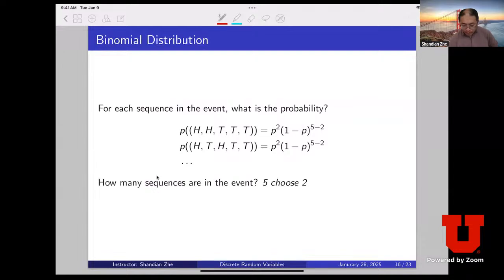So the first question is, for any of those sequences inside the event, what's the probability of one sequence? Say, this is one example of the sequence: I got heads in the first and second trial and tails in all the remaining trials, right? So what's the probability of observing this particular sequence?